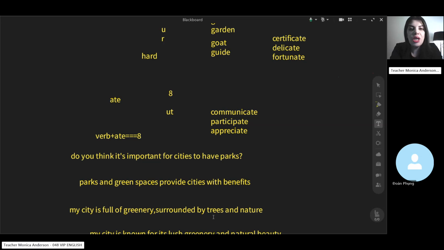My city prioritizes green urban planning, ensuring that people and residents are always close to nature. This is really advanced. So let me write this one. It's your choice. The first one is band 6, the second one is 7.